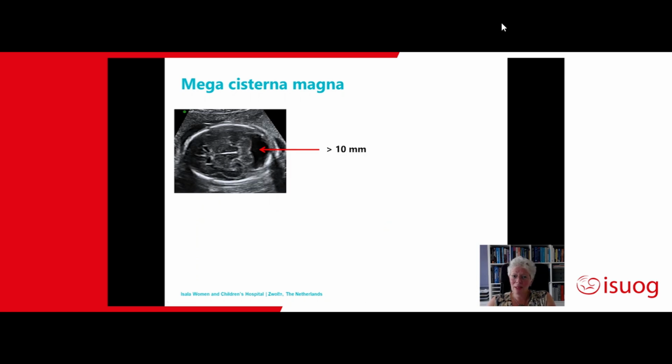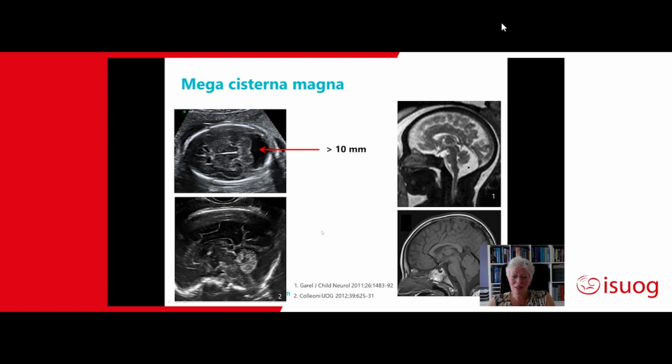So how does it look on ultrasound? Here we have the axial plane, where we can see the cerebellum, but here a cisterna magna, which is more than 10 millimeters. And then if we look at the sagittal views, here we have an ultrasound image, there we have a fetal MRI, and here we have a postnatal MRI. First we see a normal vermis.